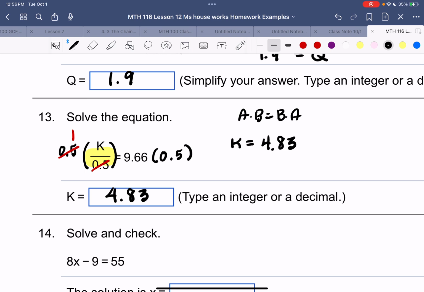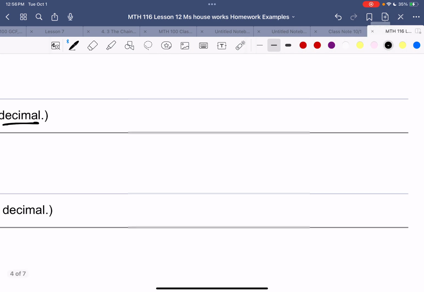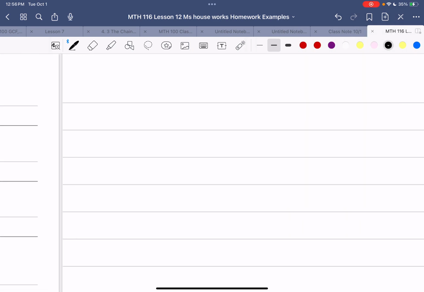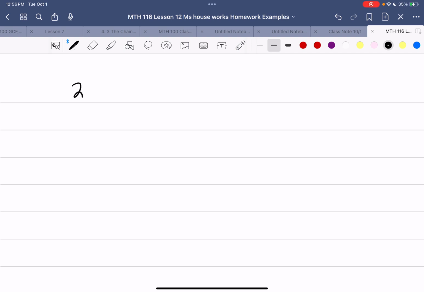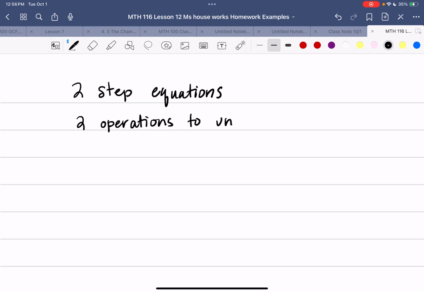All right, so now we're going to go to two-step equations. So let's do a quick little review on that. Two-step equations. So they're going to be two operations to undo. You're going to, number one, undo add or subtract.